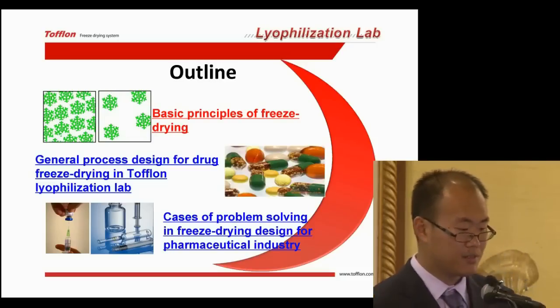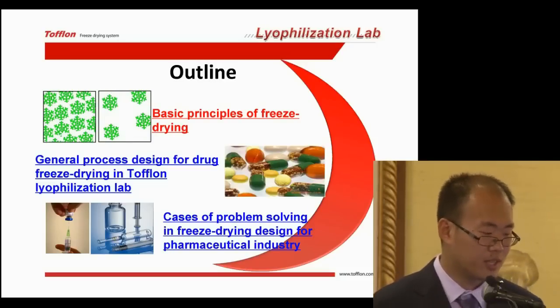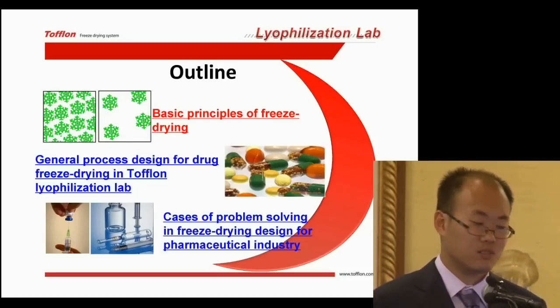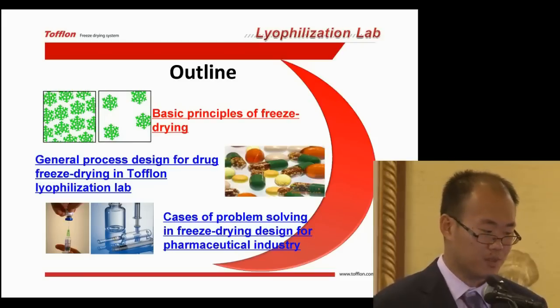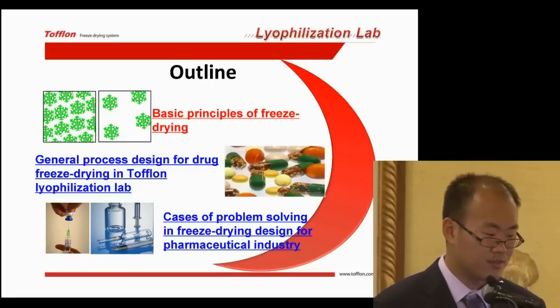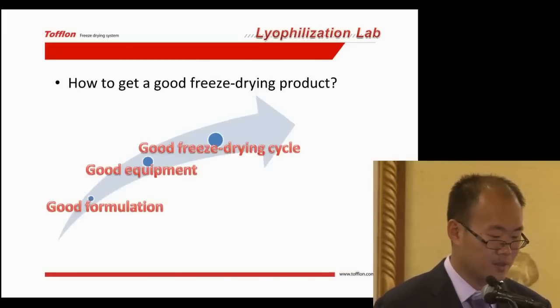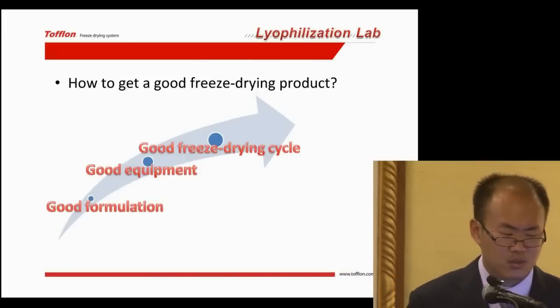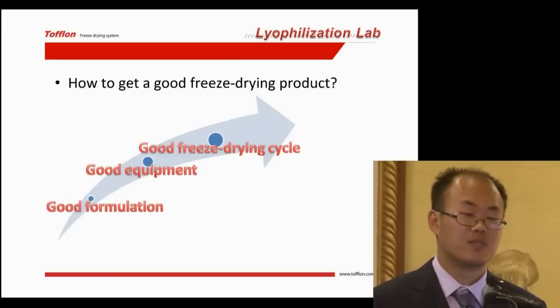After we talk about the basic principles of freeze drying, we want to show you the general process of design for drug freeze drying in Tofflon lyophilization lab. So how to get good freeze drying products?